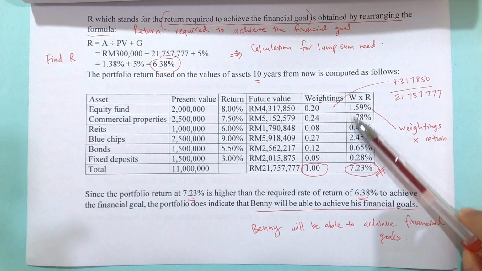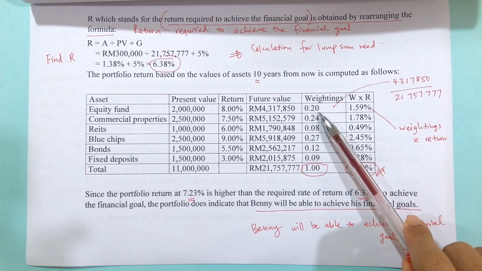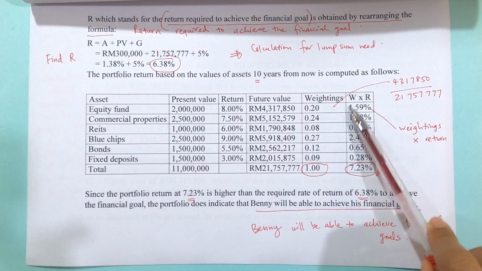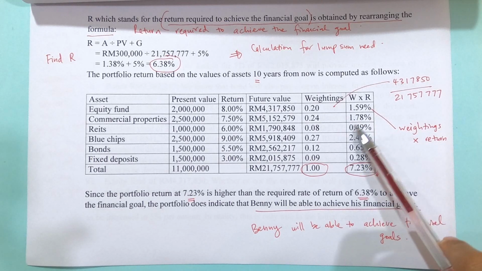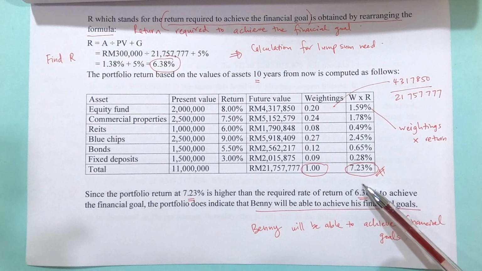As for weightings times return, this is also very straightforward. 0.20 times the return, we can get the weightings times return here as 1.59%, 1.78%, 0.49, and the total is 7.23.